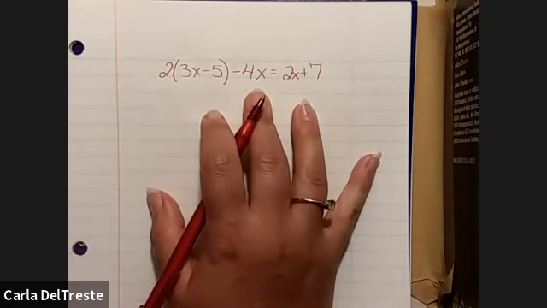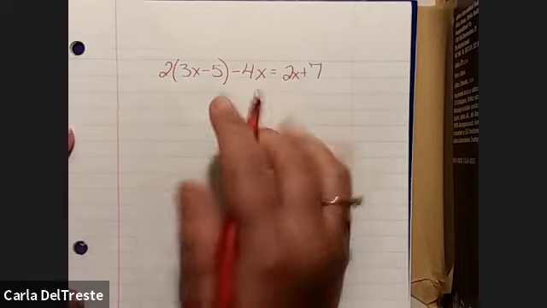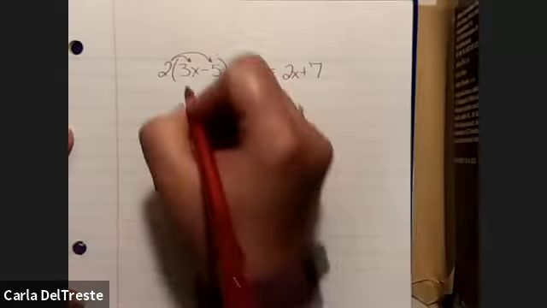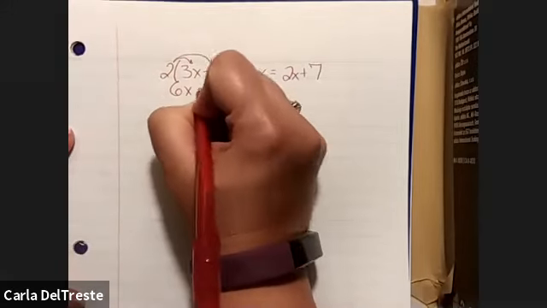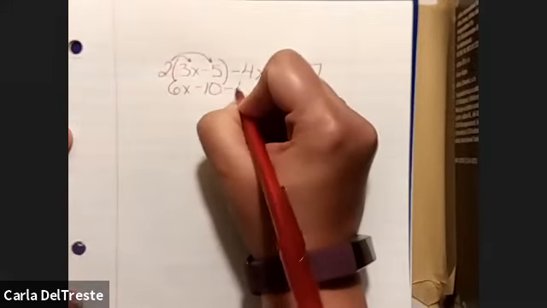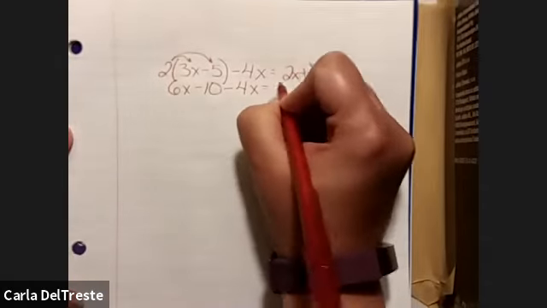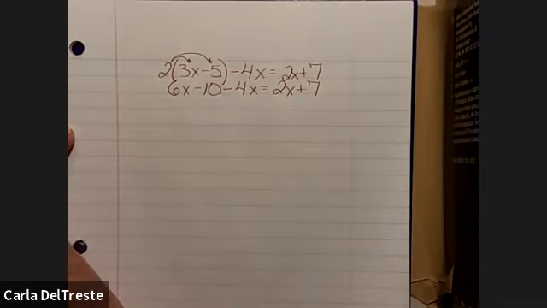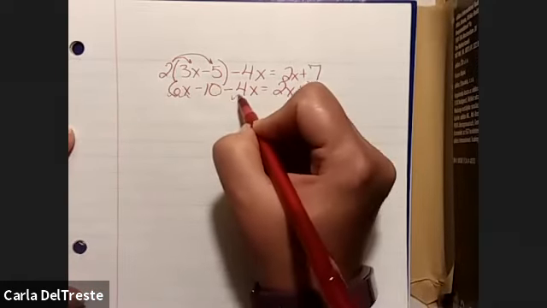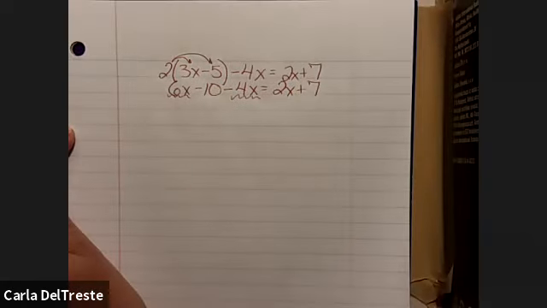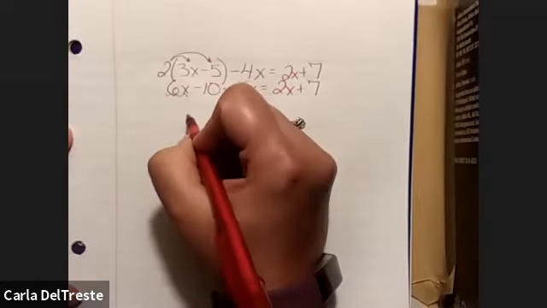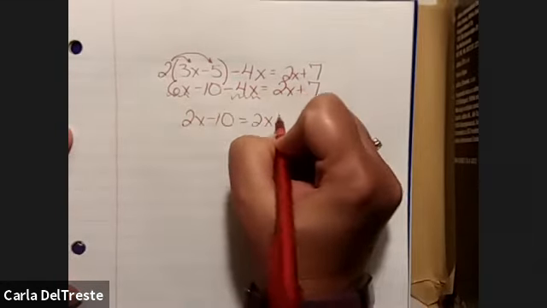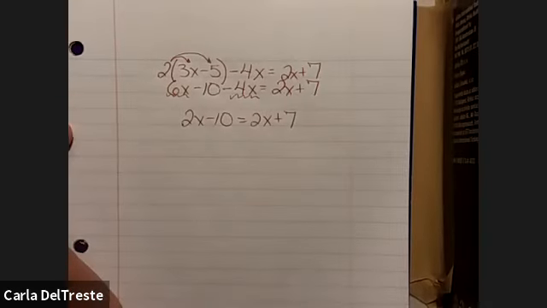You're going to approach it like a regular algebra problem. So I'm going to have to simplify the left side. This is going to be 6x minus 10, copy down the minus 4x, equals 2x plus 7. On the left, I still see that I can simplify. So this is going to be 2x minus 10 equals 2x plus 7.